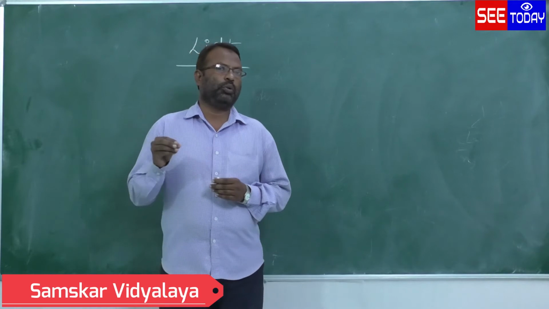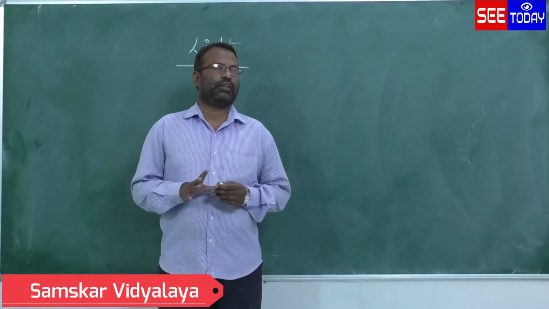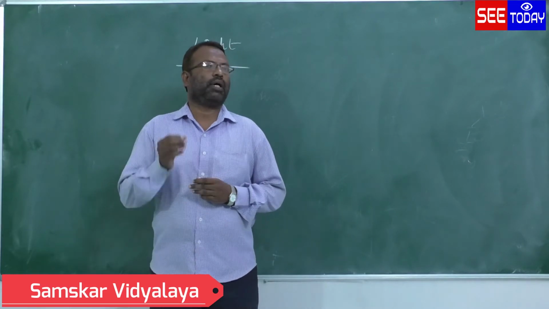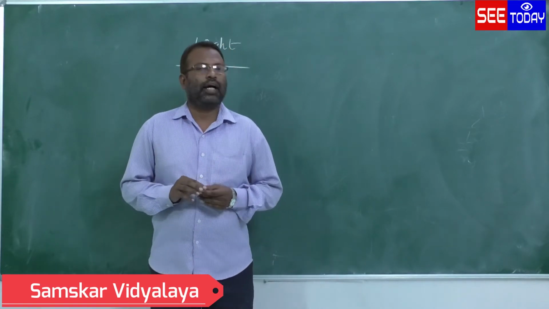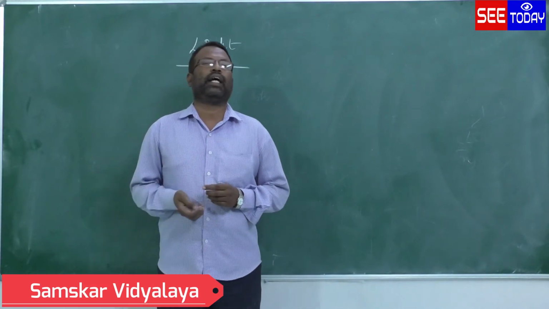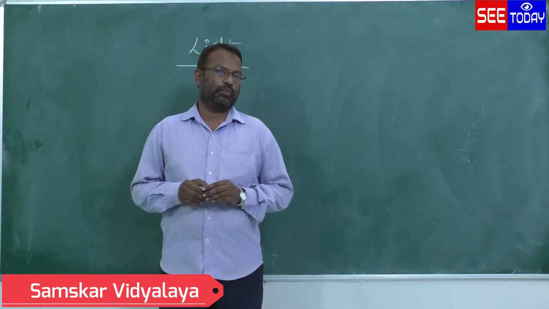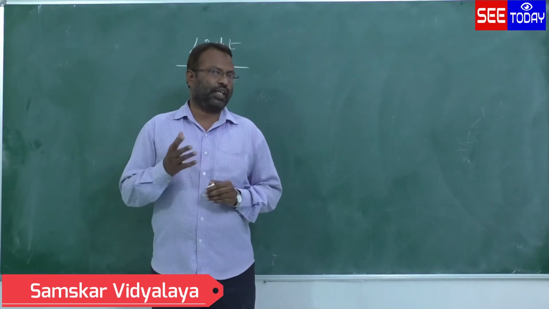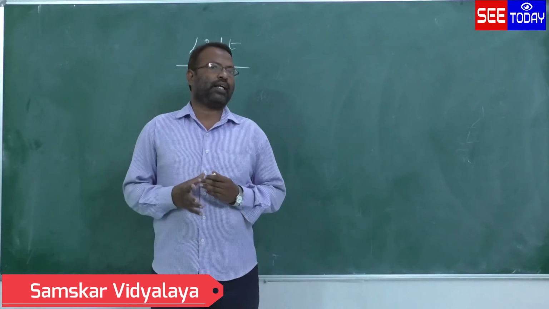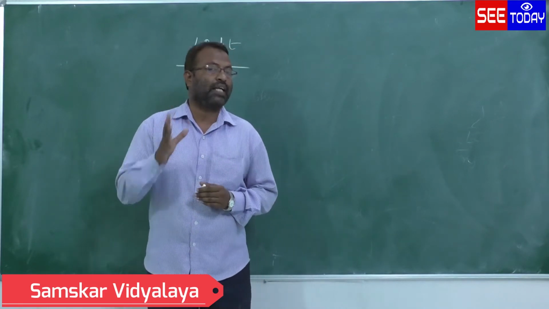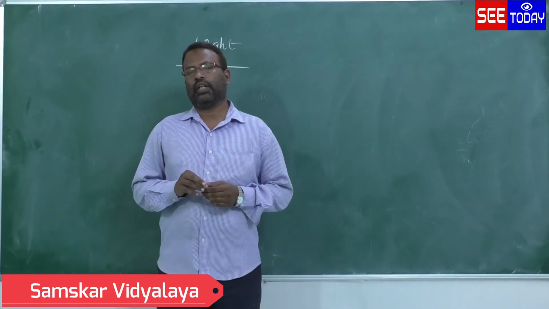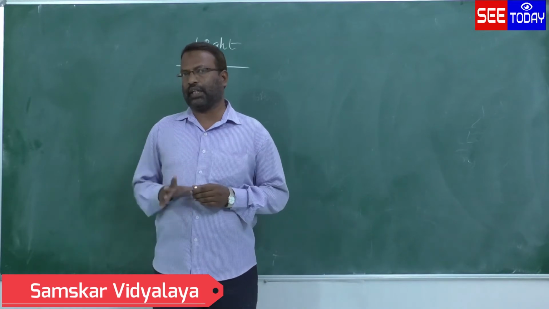According to Sir Isaac Newton, light comes in small particles, and Huygens said light is in wave nature. Based upon that we studied up to Max Planck's hypothesis, that light possesses dual nature. Light exhibits wave nature and particle nature.